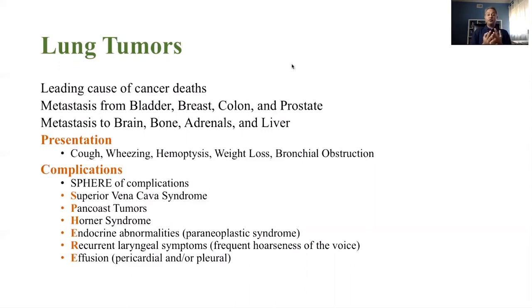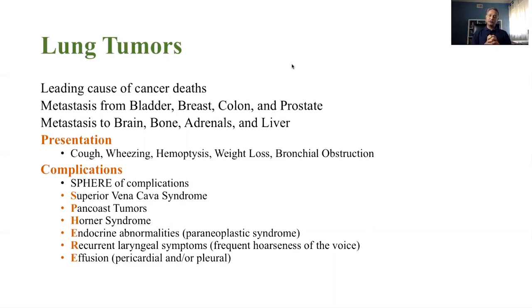There may be air fluid levels because those cavities would partially drain, and they would rupture into the pleura or into the airways, and they drain, and the air fluid levels will be seen. Of course, the other signs of bronchial obstruction will also be observed.